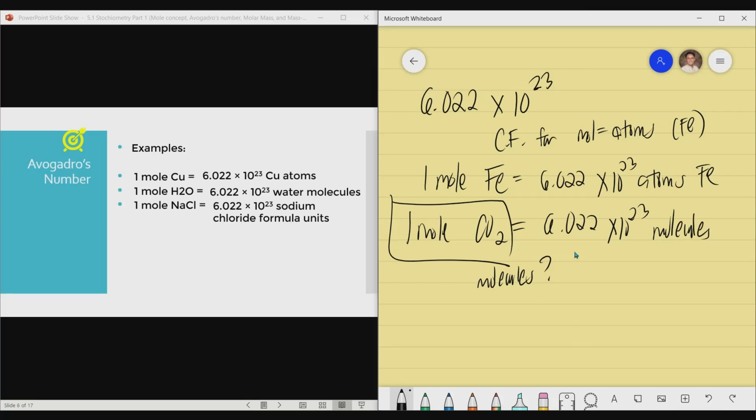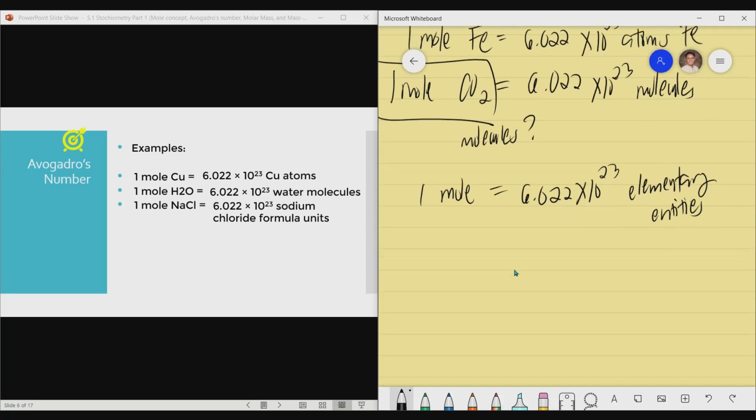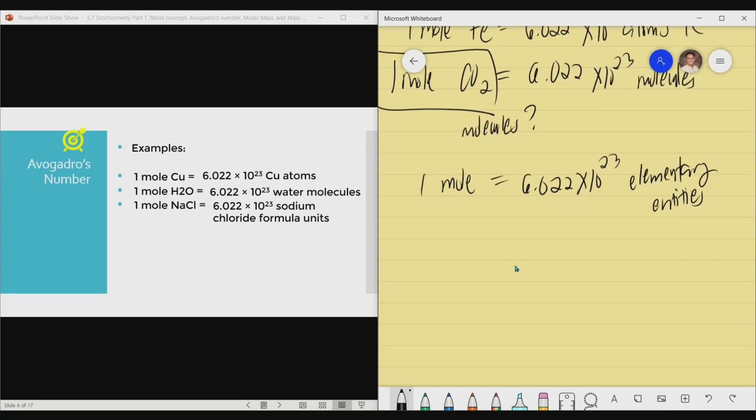So in other words, we have a relationship that tells us that in every mole, there will be 6.022 times 10 raised to 23 elementary entities. Let me repeat to make things easier. In one mole of any substance, may that be an element, a compound, or an ionic compound, whatever that is, in every one mole there will be 6.022 times 10 raised to 23, that is your Avogadro's number, elementary entities.